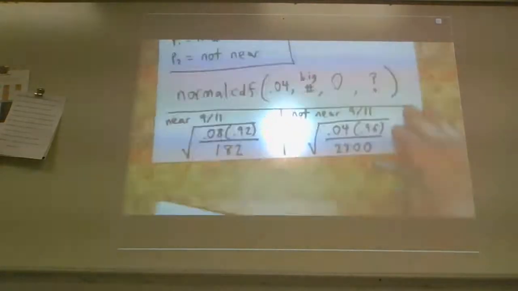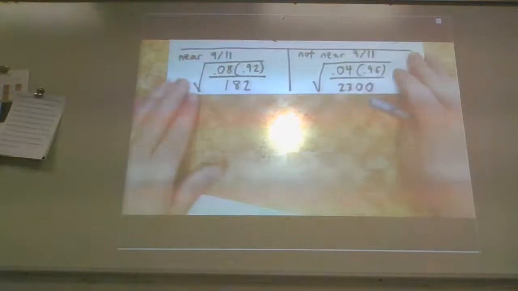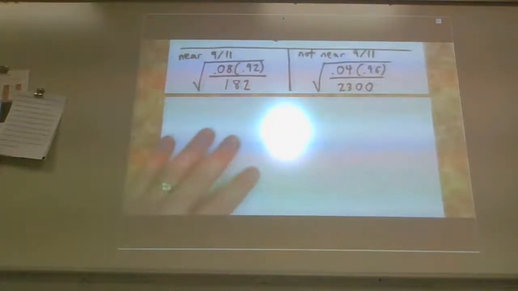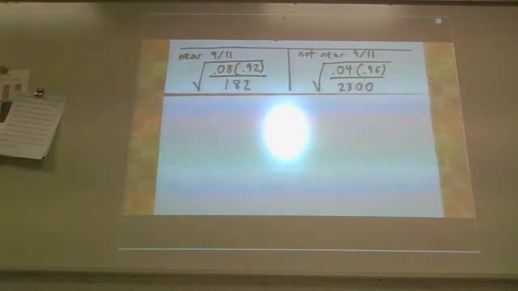Well, let me see how I'm going to combine these two standard deviations real quick. I cannot just subtract them because I have to find the difference between them. I can't do that. Instead, as we talked about at the end of class last time, we're going to have to convert them to variance.